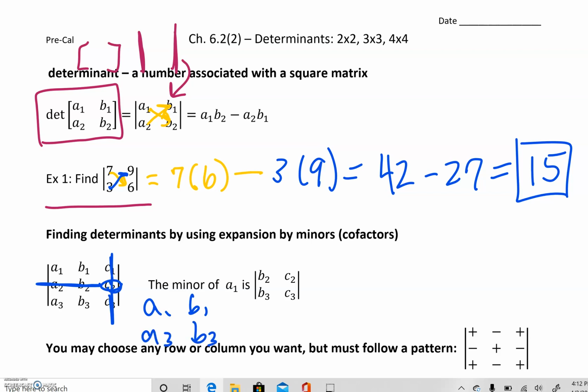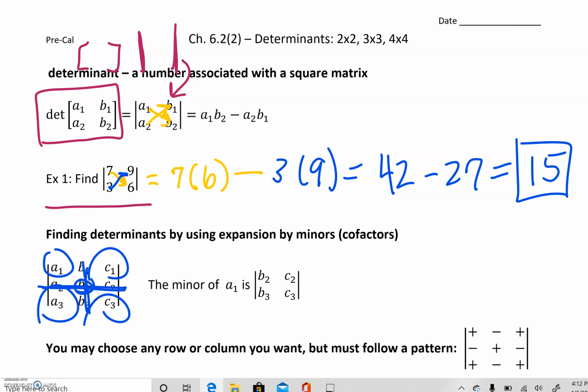If I wanted to do it for B2, here's how I would do that. B2 is right in the middle, so I mark out the things that go through there, and what's left over, those would be the 4 things I would find the determinant with for that particular one.